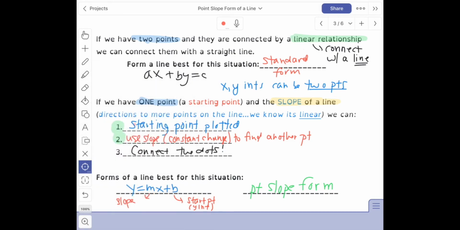We're going to use the slope to get another point, and then we're going to connect the dots. So hopefully you're able to start to see we have a point, right? It's right in the name. And then we also have the slope. Just like over here, how we have a point, just happens to be the y-intercept. And then we also have the slope. So you're going to see that they're very similar.